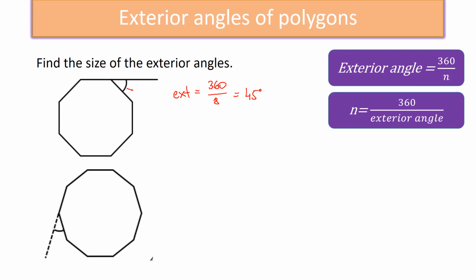So this angle here is 45 degrees. The other shape is a 10-sided shape. Again, I'm going to use the same method. I divide 360 by 10, and that gives me 36 degrees. So the size of this angle is 36 degrees.